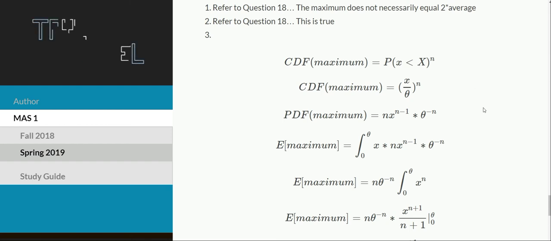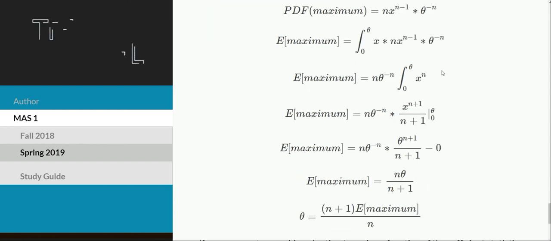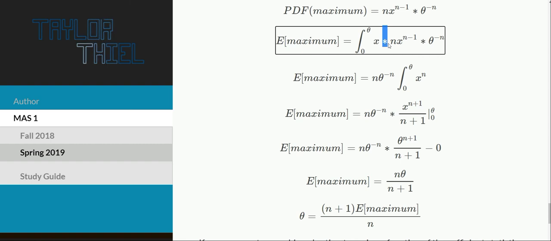The PDF is just taking that derivative with respect to x, so we carry down the n for the x, and then x to the n minus 1, and the theta gets left alone because it's just a constant. Then to get an expected value for the maximum, we can take its value multiplied by its probability.